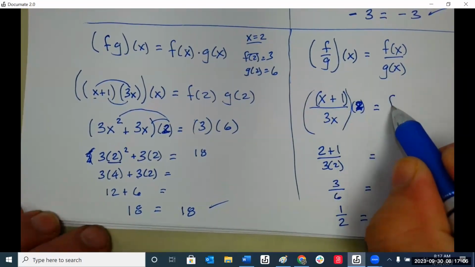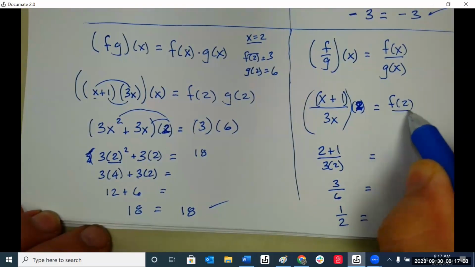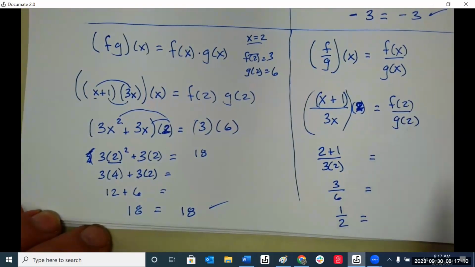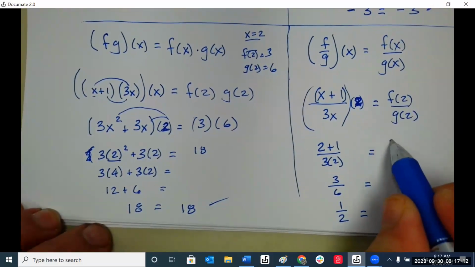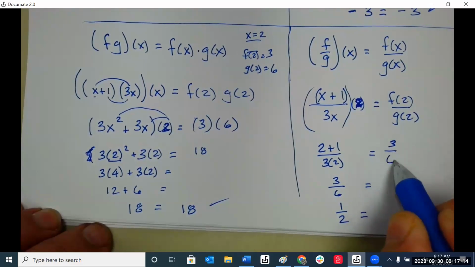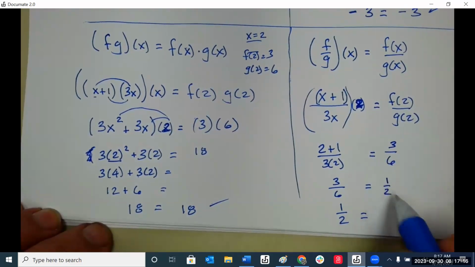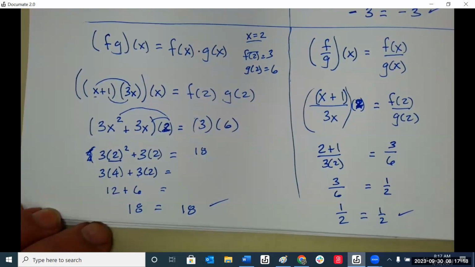On the right-hand side, we have f of 2 divided by g of 2. F of 2 is 3, g of 2 is 6. So they equal the same thing. So you can do whatever is easier for you there.